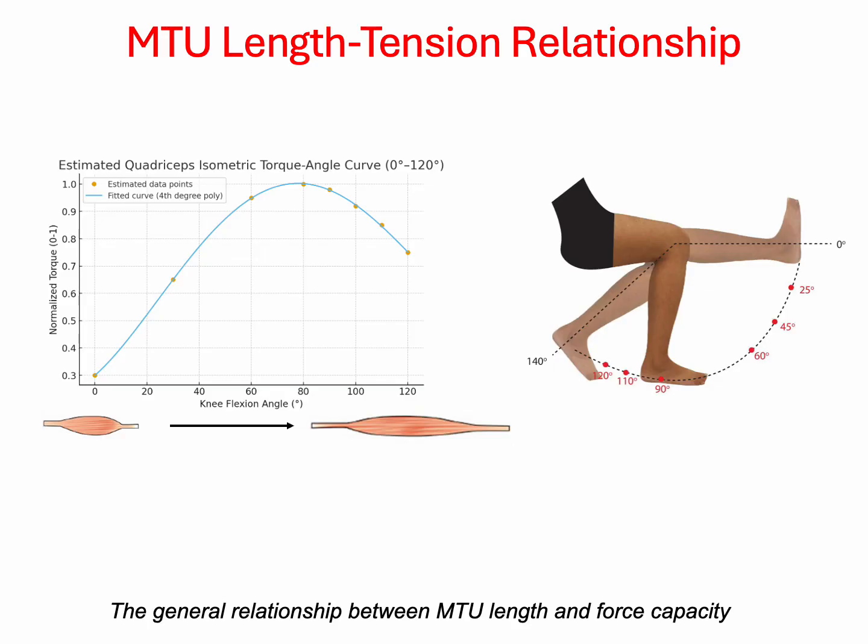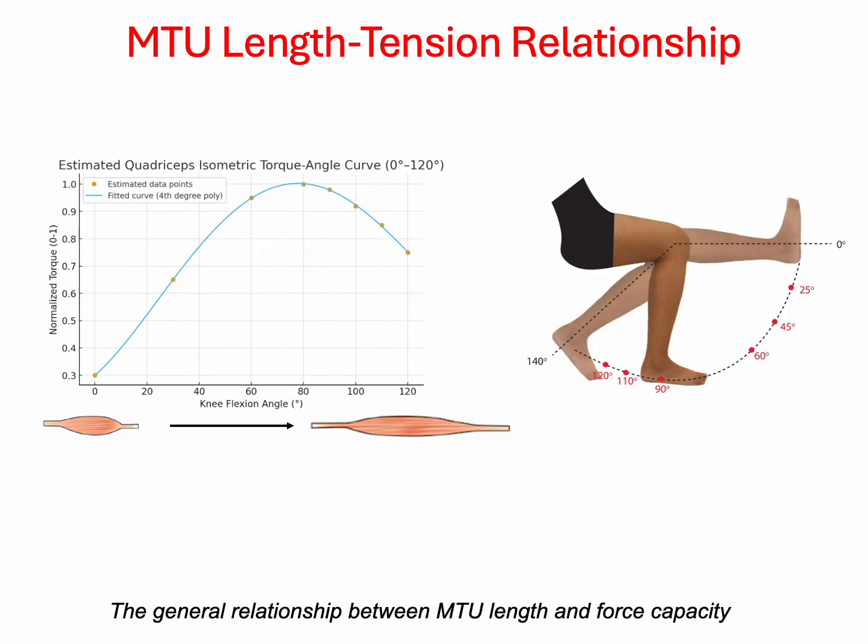You can see that in that position, where the MTUs are relatively short, there's not much force production. There's some, it's not zero, but as you change the joint angle and fix it and have the individual generate peak isometric force, you can see that as the angle and MTU length change, force producing capabilities go up.